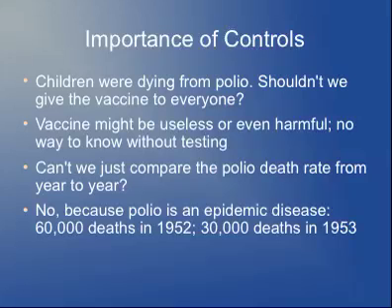Well, the first thing that you have to do when designing an experiment, which hopefully most of you knew already but is worth pointing out, is you need to have controls. At first glance, if you haven't been exposed to experimental design, you might think, well, we've got hundreds of thousands of young children dying from this disease. We want to save as many lives as possible.